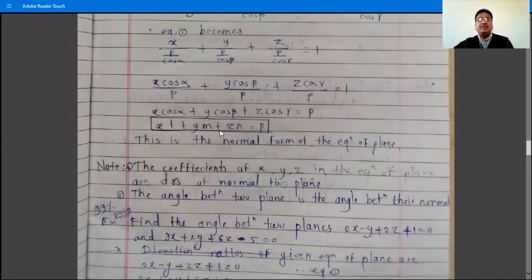This is the equation of the plane in normal form. Here l, m, n are the direction cosines of the normal to the plane, and small p is the length of that normal.